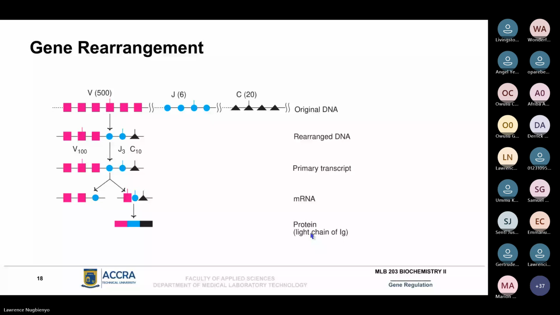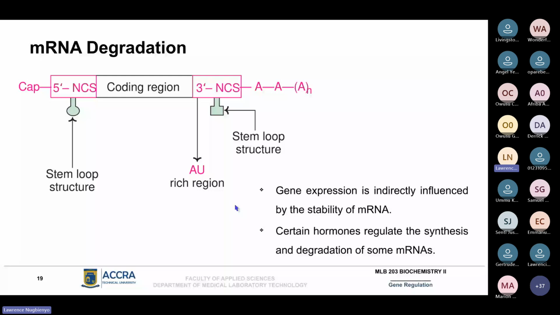All right. Now, when you watched the video on transcription, I think the long version of the transcription, you saw that after the messenger RNA was synthesized, that is the process of transcription, there was a processing of the messenger RNA.